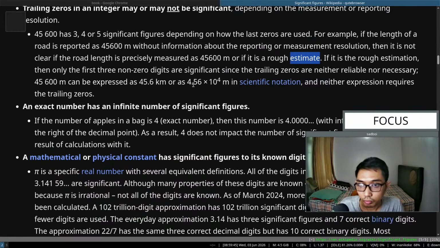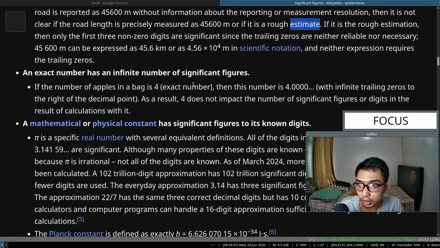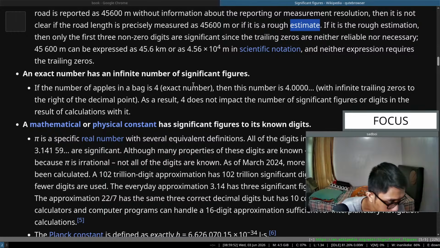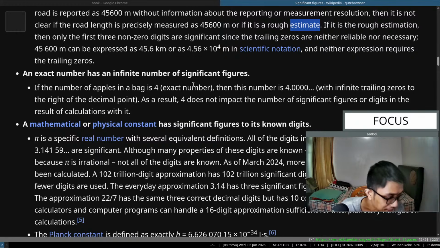Disregard, this is just in the context of scientific measurement.